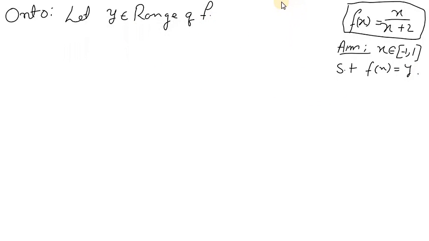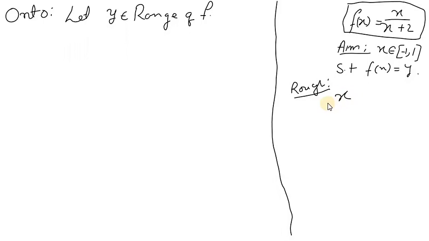For the onto part you have to do a rough, and the rough should be shown actually. So you start with f(x) = y. Now you put in the value of f(x), so x/(x+2) = y. Now you try to solve this for the value of x in terms of y.